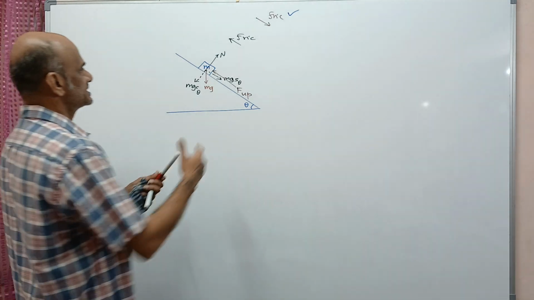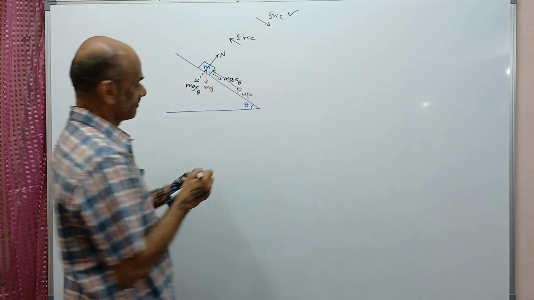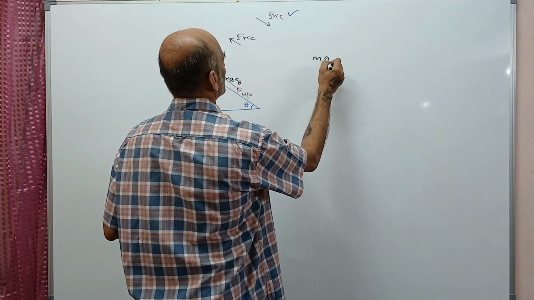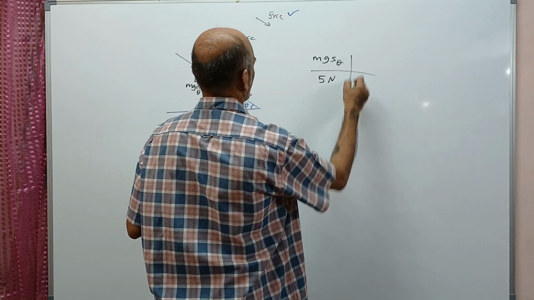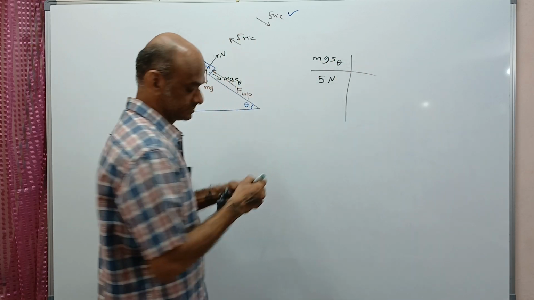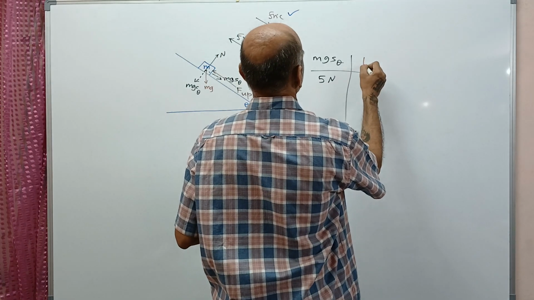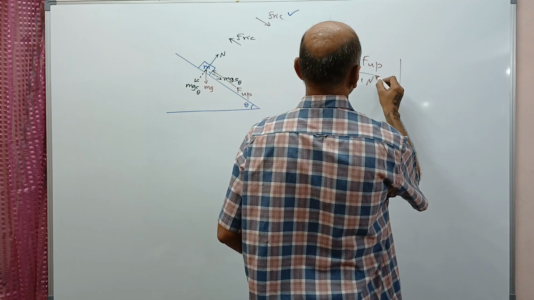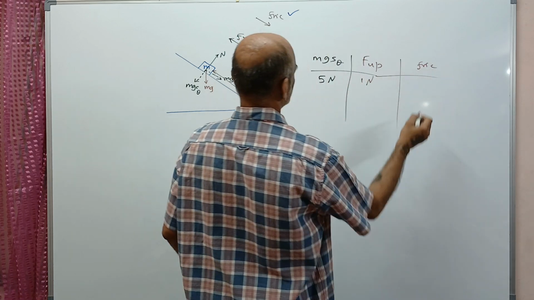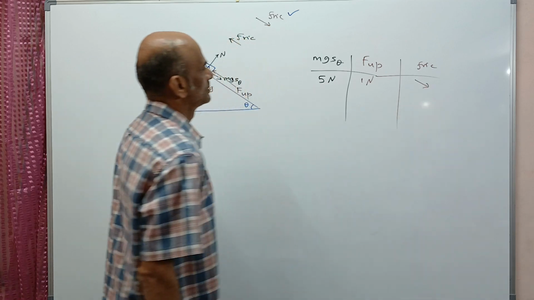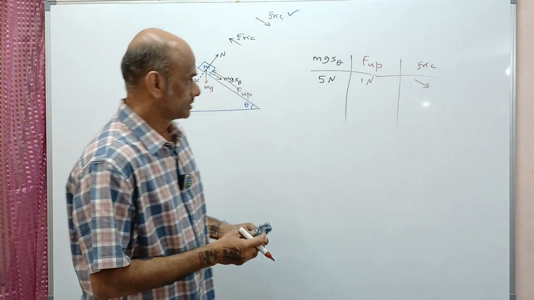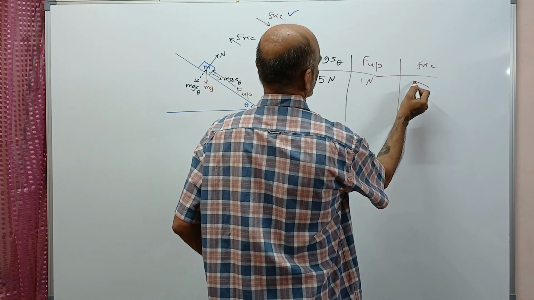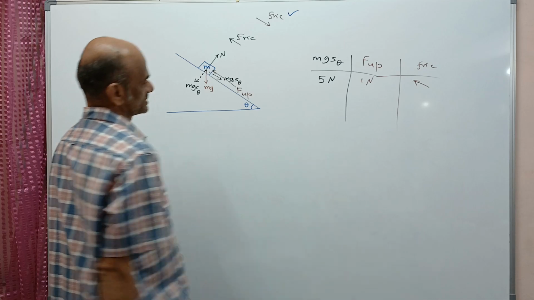For example, if this mg sine theta, the downward component force, was say 5 Newton, and the external applied force is 1 Newton, then the friction force in this case will still be upwards, because there is a net downward force of 4 Newton.